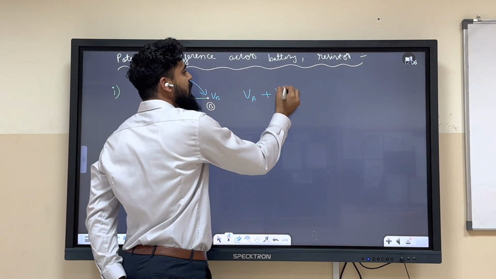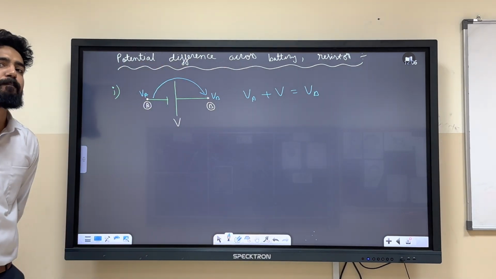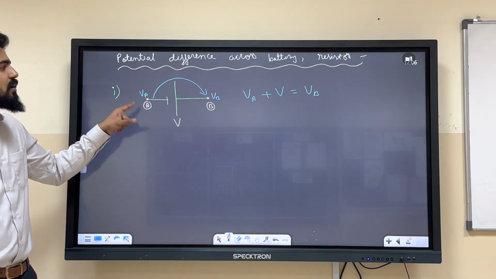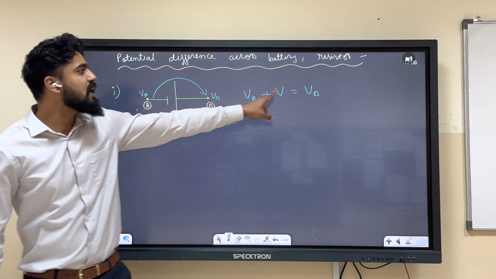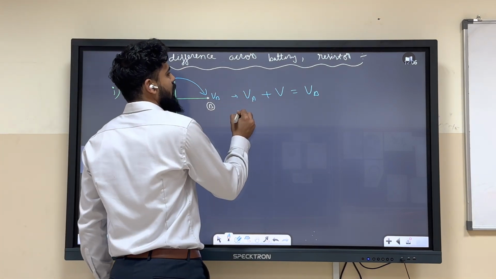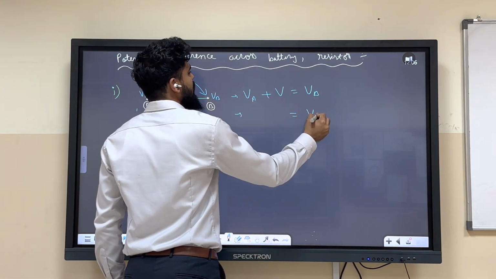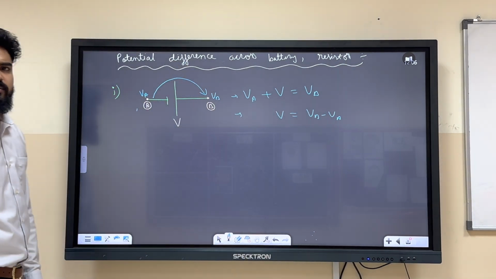VA plus V equals VB. Now you are reaching point B. So it finally comes out to be VB minus VA equals V. Okay? Are you getting it? Correct?